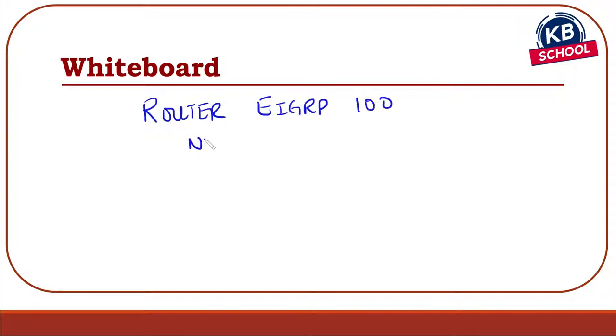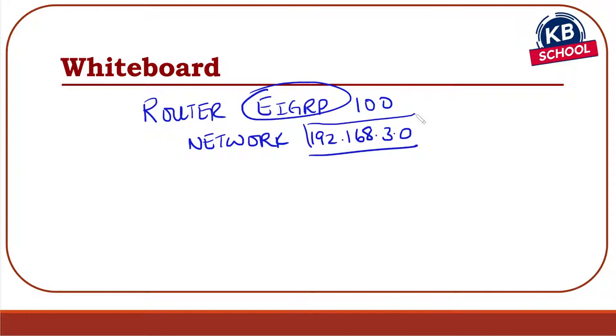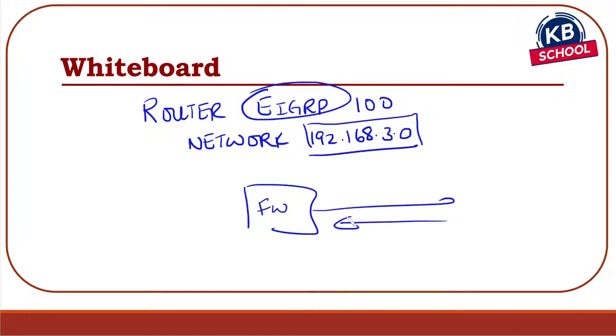And when we used the network statement over there, let's say the network statement was 192.168.3.0, basically what I'm saying is I want to enable EIGRP on this particular interface. So that's how I enable EIGRP. That's how the firewall was able to receive an EIGRP update. So any protocol that you need traffic for, it needs to be enabled.